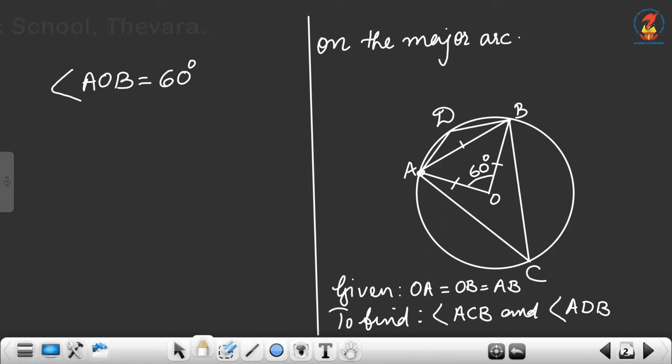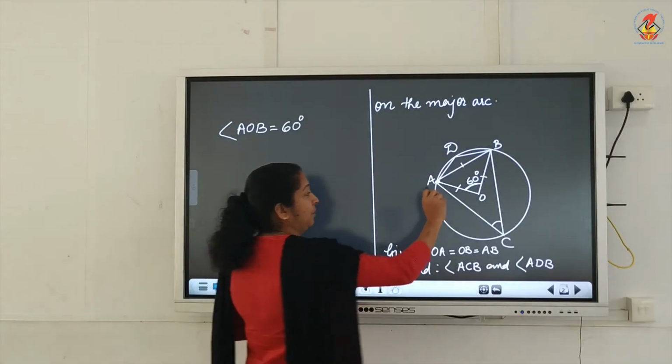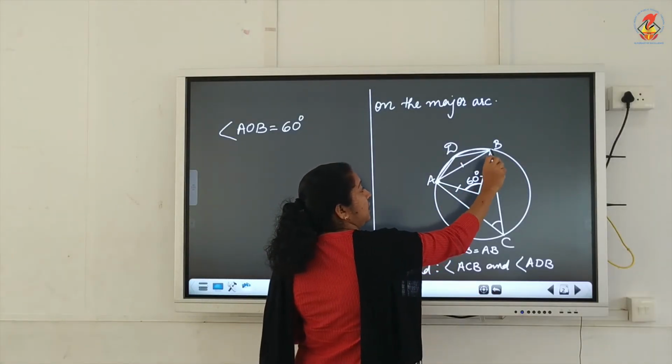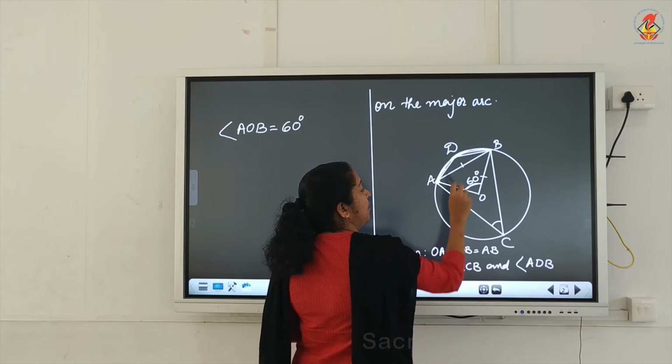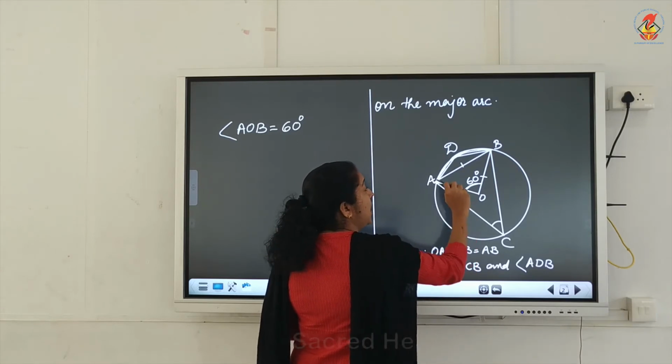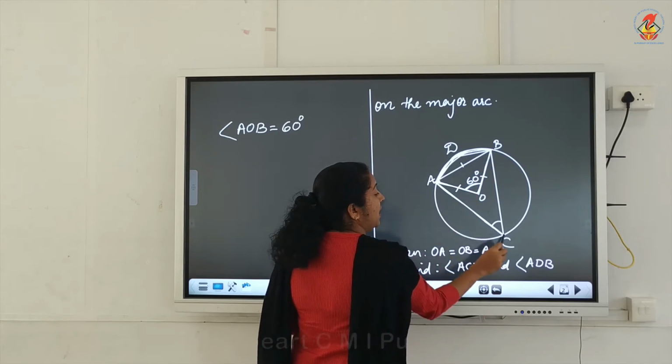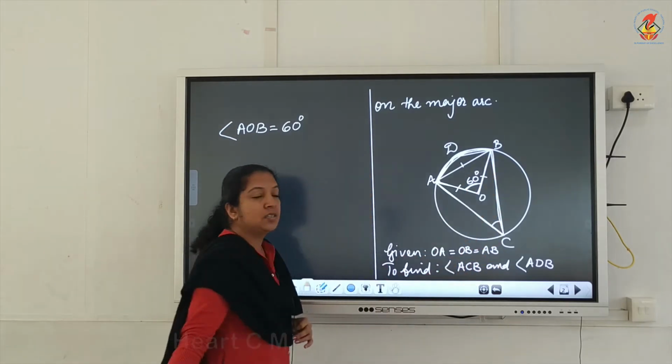If this is 60, what about the angle ACB? It is half of 60. Why? This is the arc which makes these two angles with the center and at any point on the circle.